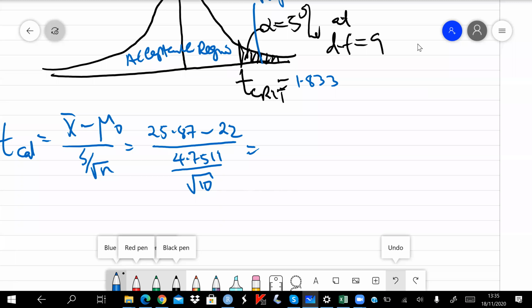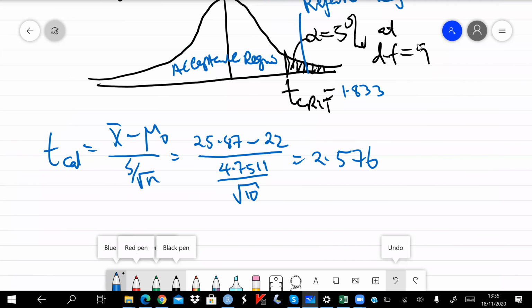So when you simplify that, you will get 2.576.